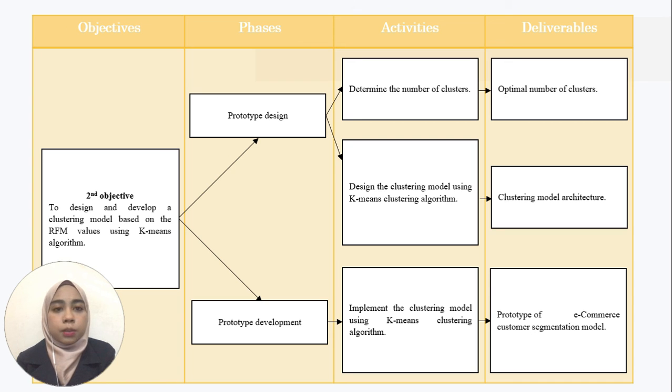The deliverables of this phase are optimal number of clusters and the clustering model architecture. The second phase, prototype development, involves only one activity, which is to implement the clustering model using K-means clustering algorithm. The deliverable of this activity is the prototype of e-commerce customer segmentation model.